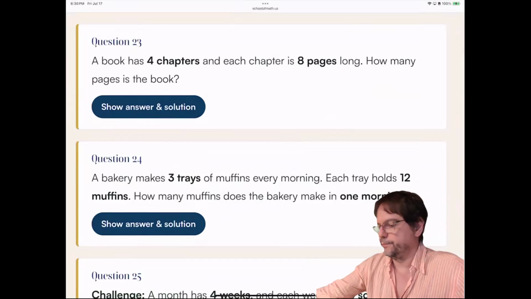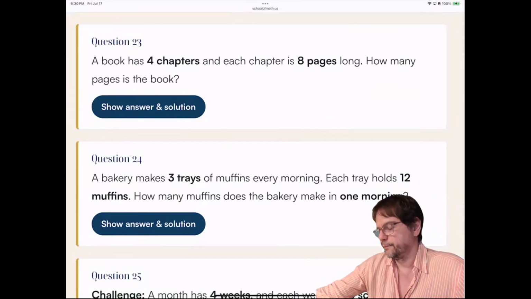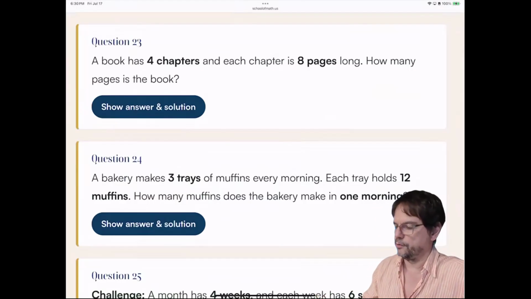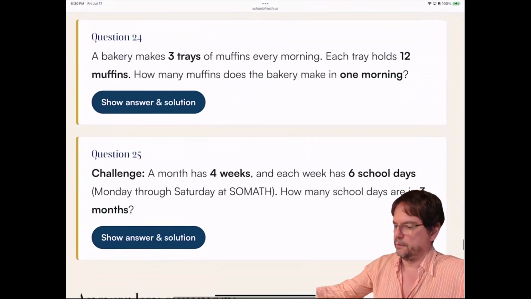Next one. A book has 4 chapters, and each chapter is 8 pages long. How many pages is the book? 32. 4 times 8.